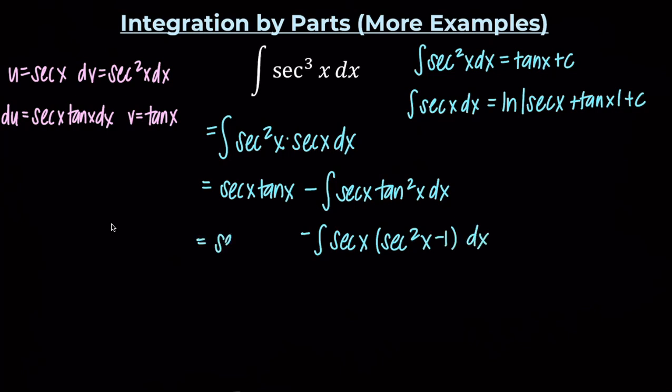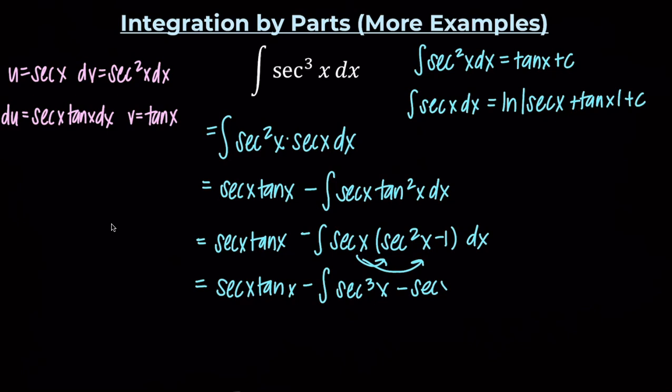And then I'll bring down the secant x tangent x. Okay, so how does that help us? Now, if I distribute the secant x, I have secant cubed x, and then minus secant x dx.